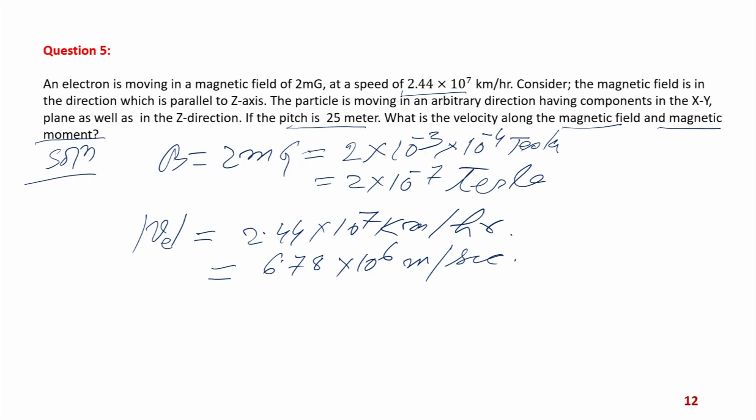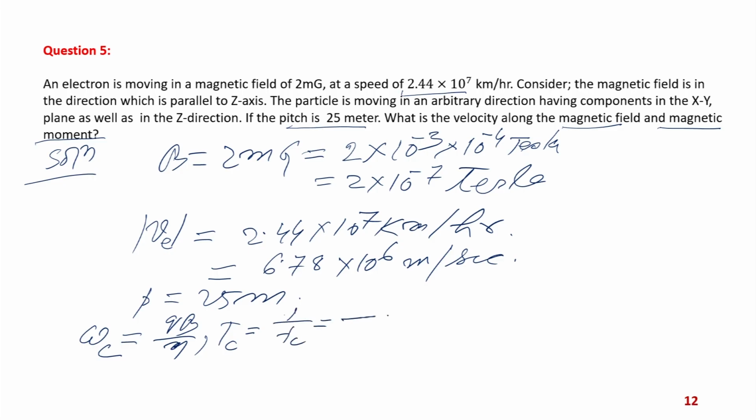Okay. And here the pitch is given as 25 meter. So, now you need to calculate first the gyro frequency. Putting q B by m, you can calculate it, and then I will need the T c. T c I can find, that is 1 by f c.